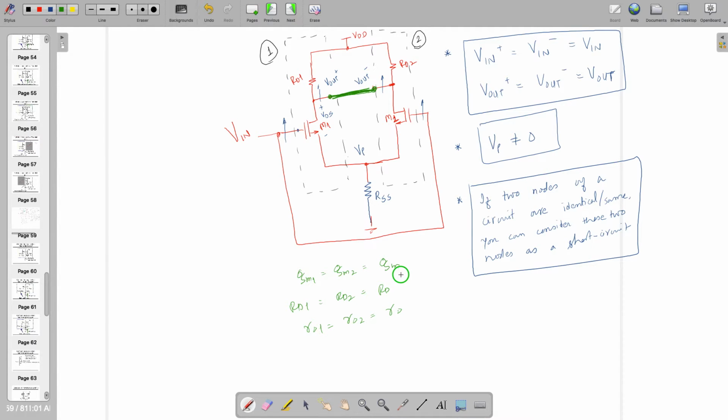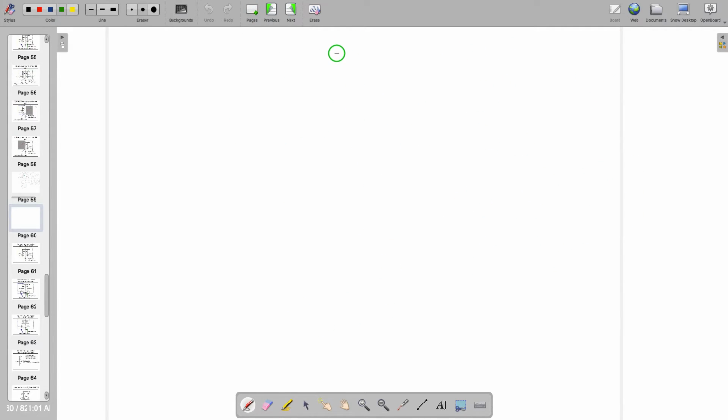So in that case you can redraw this circuit as follows. Look at this. This is M1, and here M2.